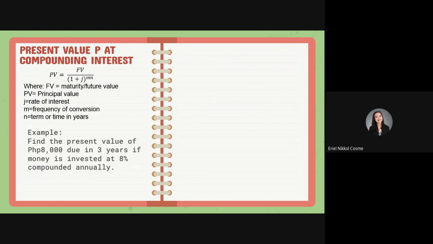Find the present value of 8,000 pesos due in 3 years if money is invested at 8% compounded annually. So first, let us find our given values. We have your 8,000 as your future value.